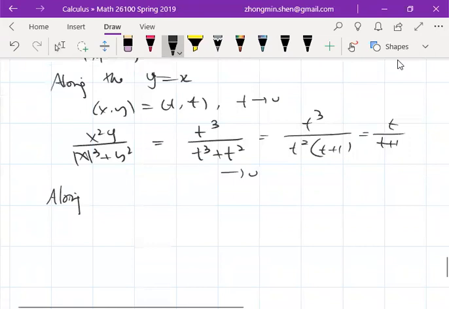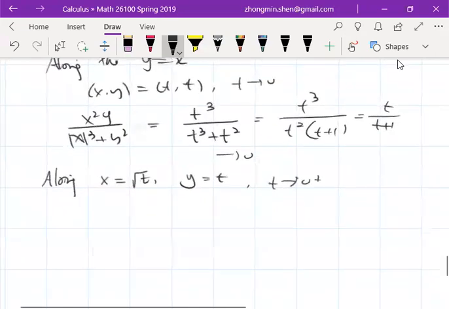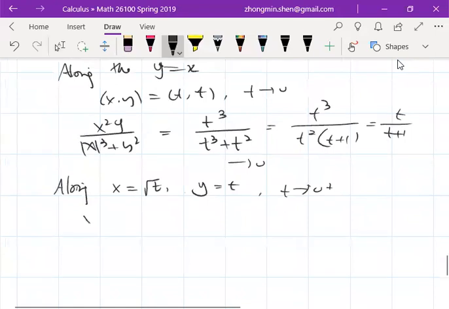All right, so let's try a different one. We can try x equals square root of t and y equals t. So t approaches 0 from the positive side, otherwise it's not defined. Then x squared y, I'm going to get t times t, then this will be t to the 3/2, and that will be t squared.